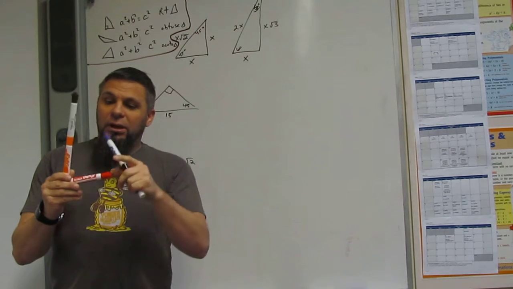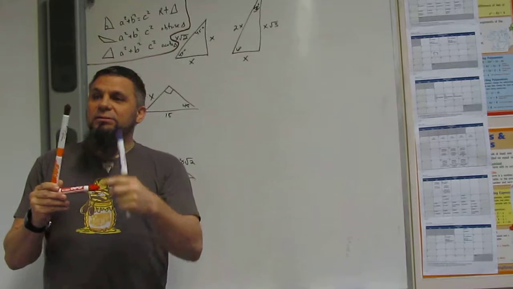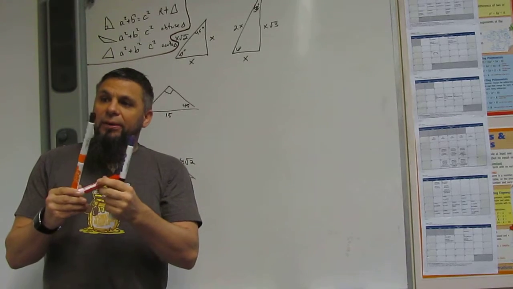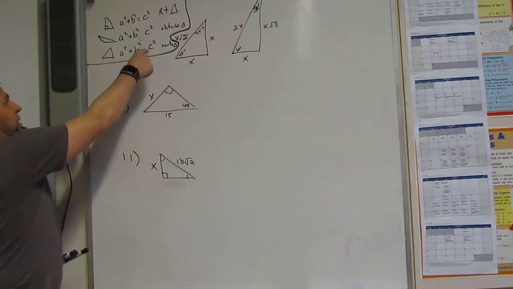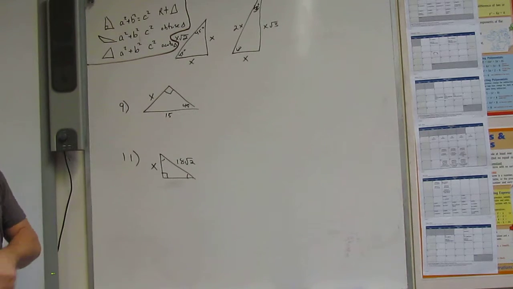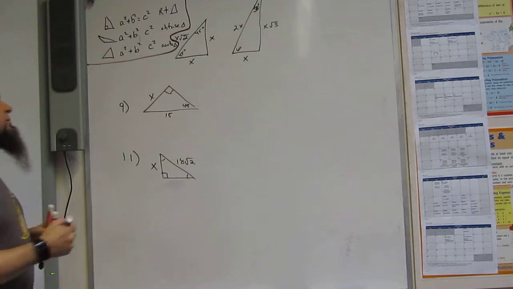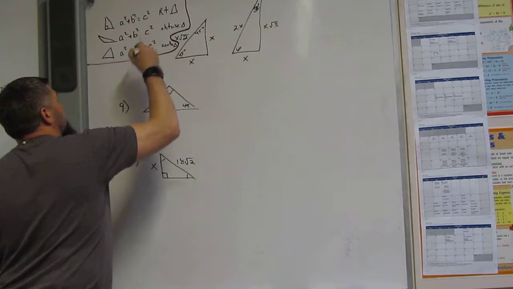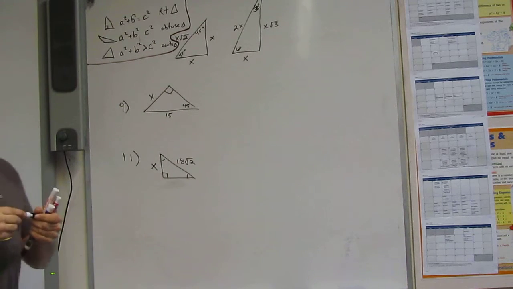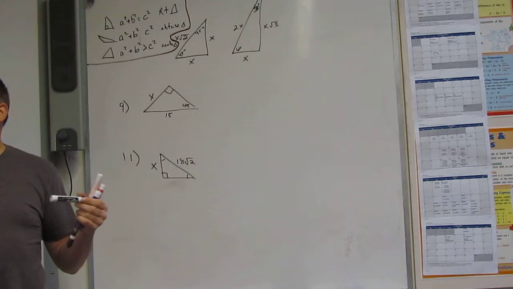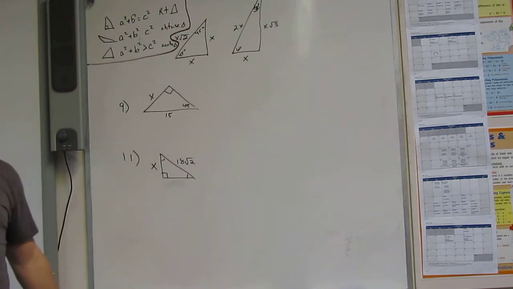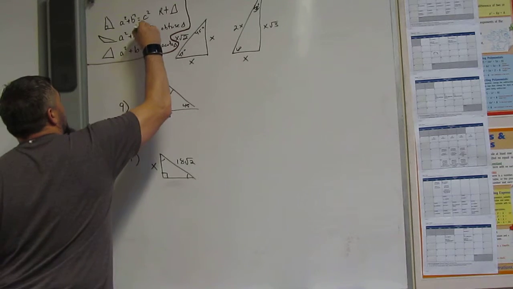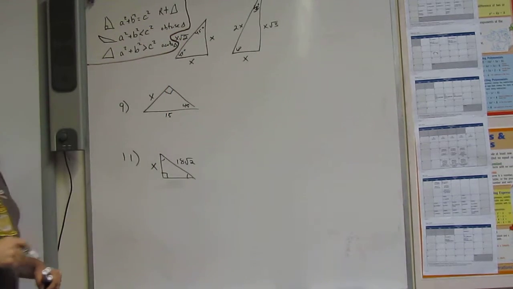So if the square of the longest side is less than the sum of the squares of the two other sides, then it's going to be an acute angle. Now, if the square of the longest side is greater than the sum of the two other sides, it's going to be an obtuse angle. Okay?